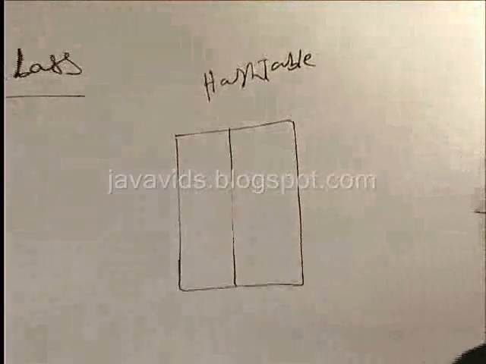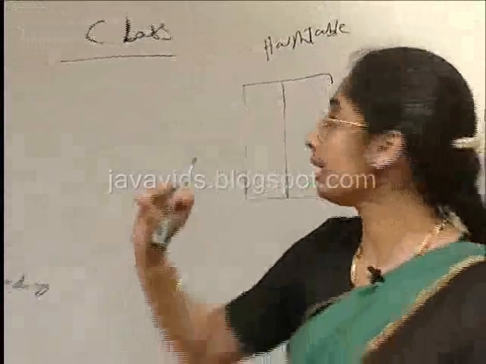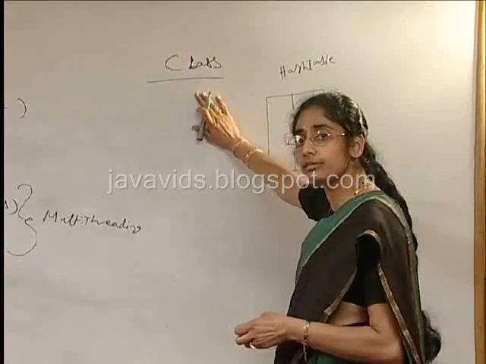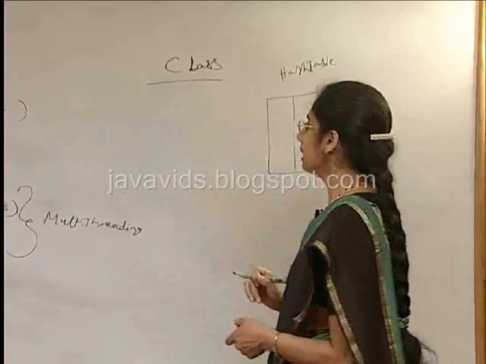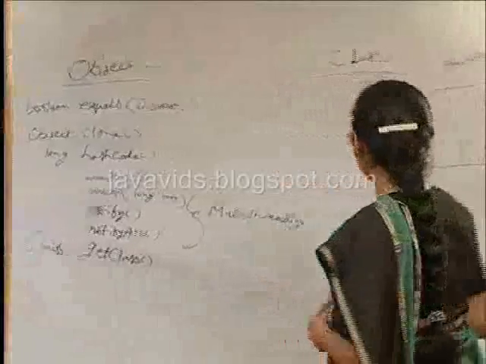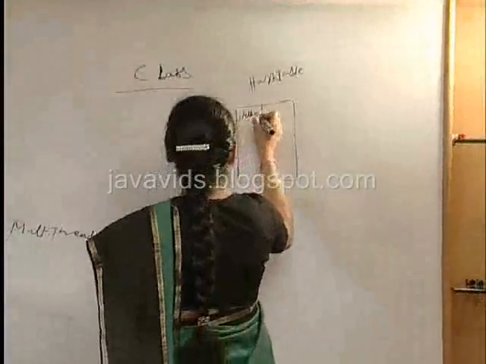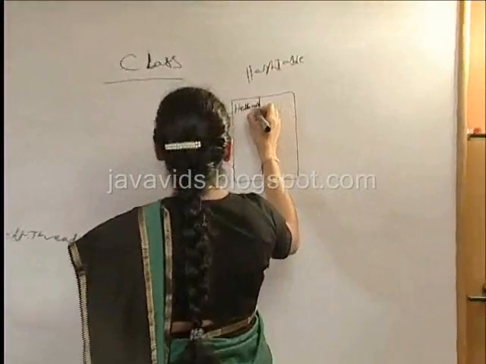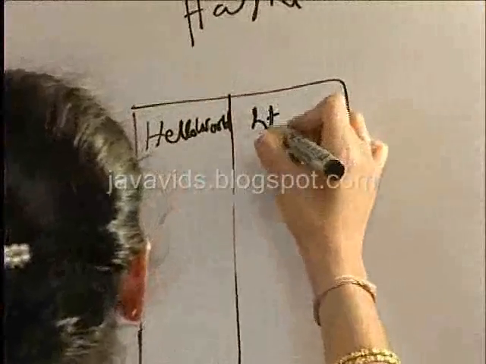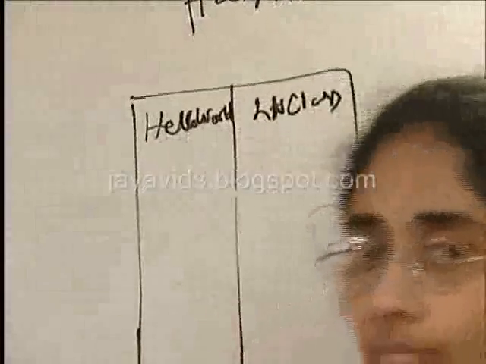So remember, for every class loaded into the JVM, a Class object, an instance of Class, is created. So let's take the case of your HelloWorld program. HelloWorld is loaded into the JVM. For HelloWorld, a Class object is created.